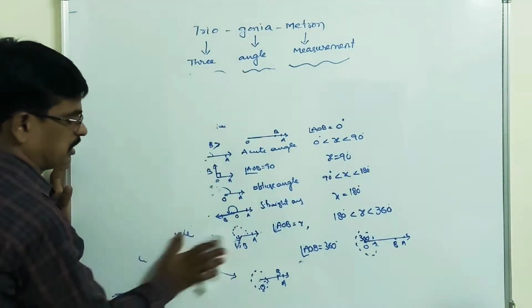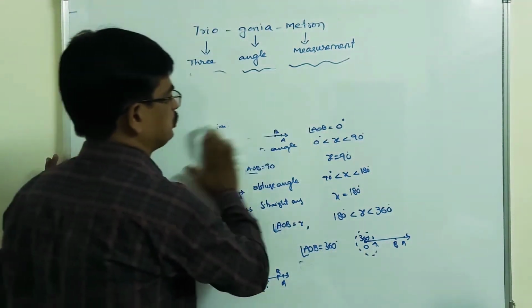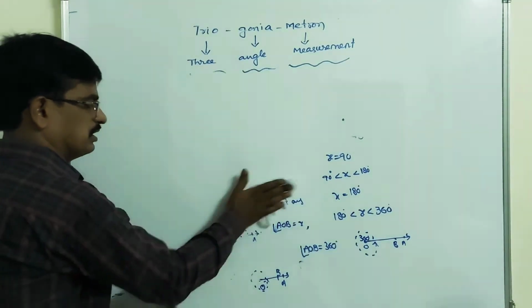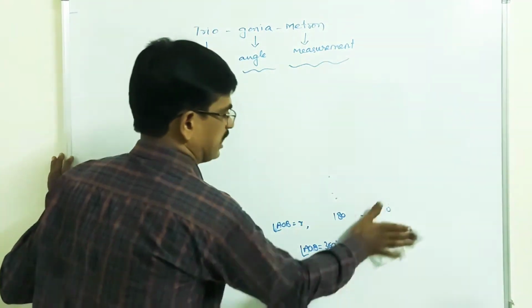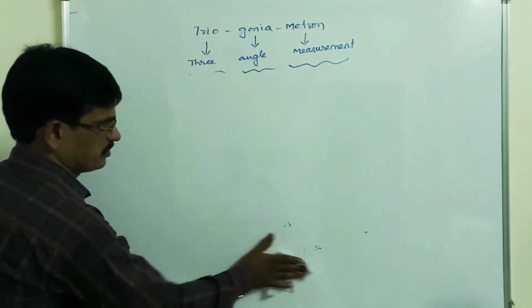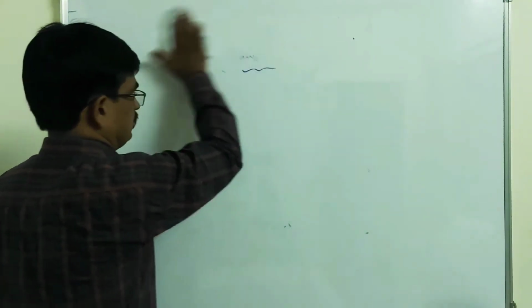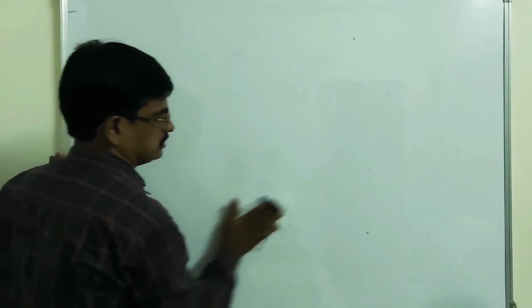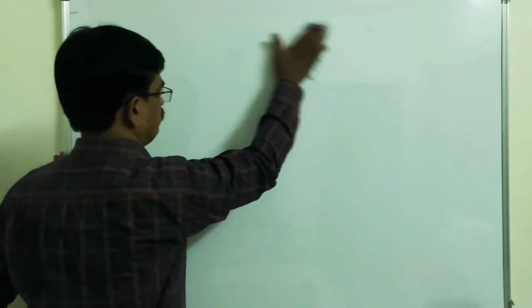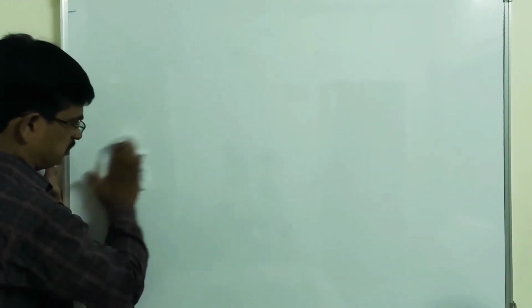So there are 6 trigonometric ratios. Those ratios we can define with the help of a right triangle. Now let me explain the definitions of the 6 trigonometric ratios.